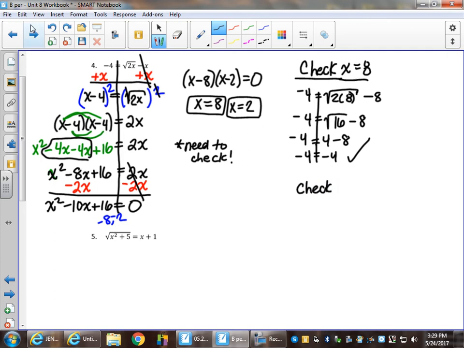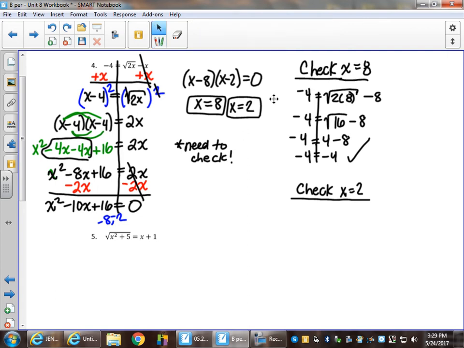Now let's check x equals 2. Maybe I can, if you can fit the check, let me see if I can move this over.